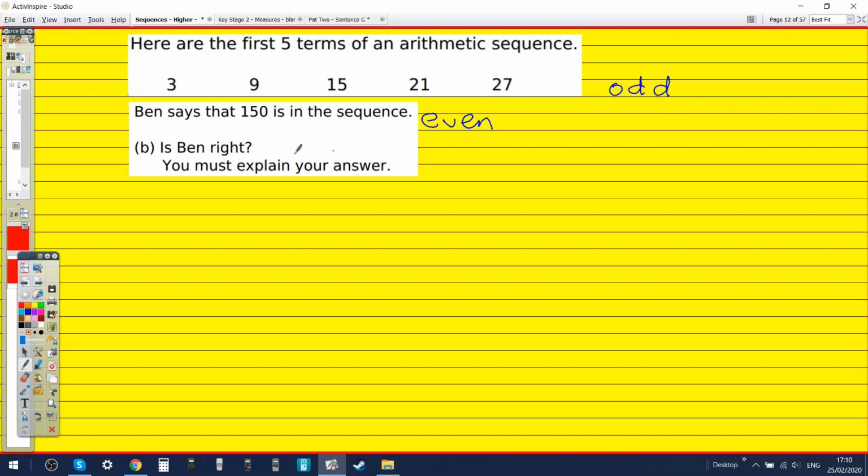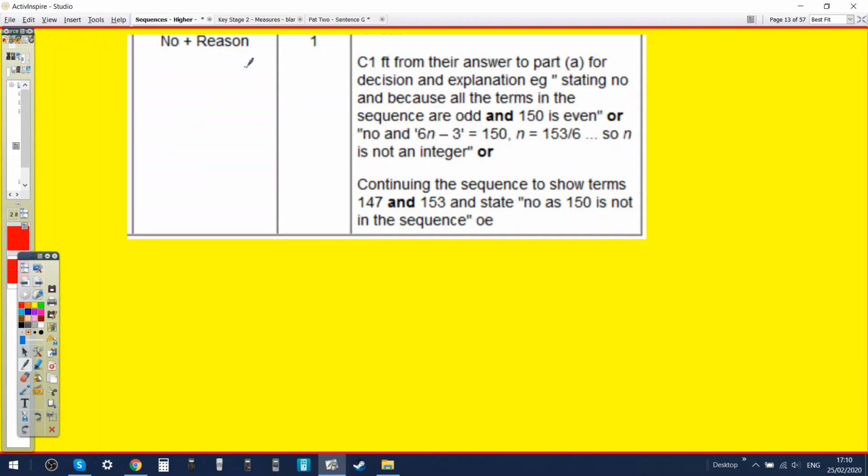And so is 150 in the sequence? No. The sequence has only odd numbers and 150 is even. So even if you kept going with the sequence forever, it would skip past it.